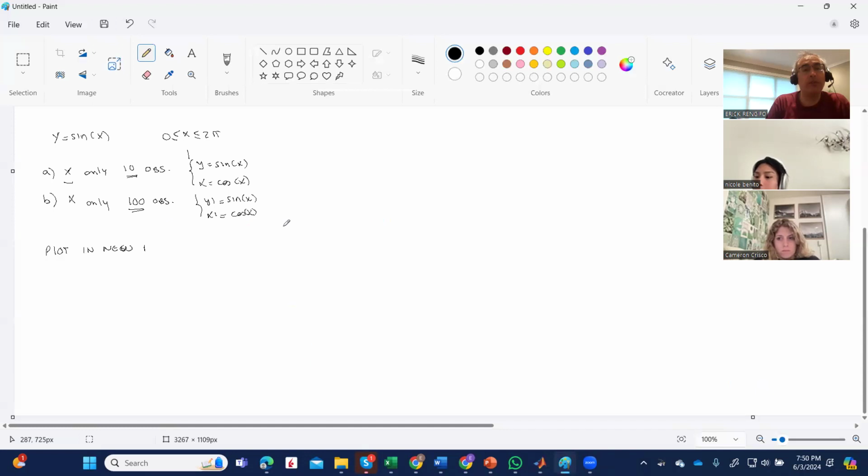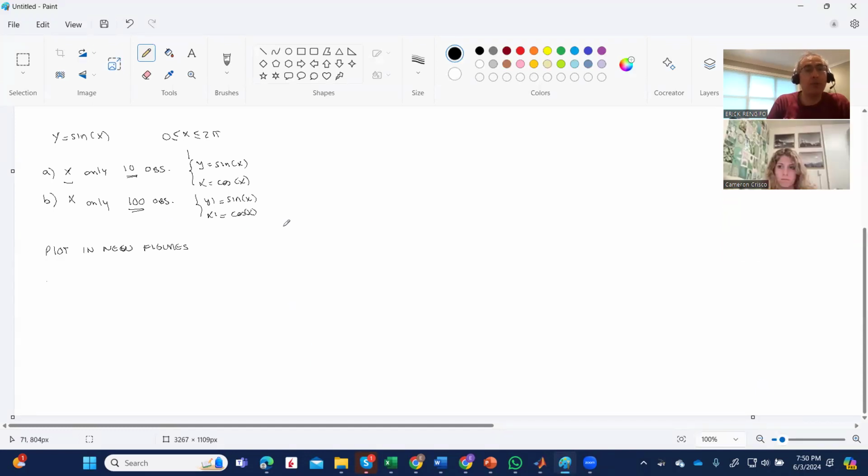Can you please plot y1 versus z1 and see what happens? Do you remember sine squared of x plus cosine squared of x was equal to 1, correct? Remember that? Just plot this one here.